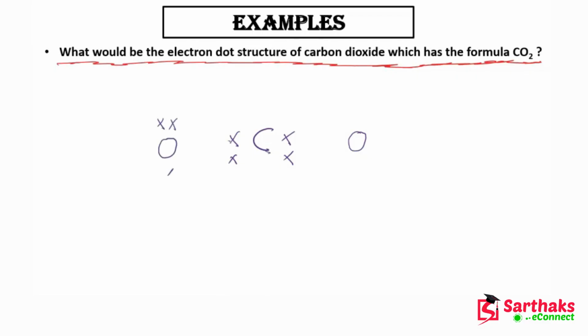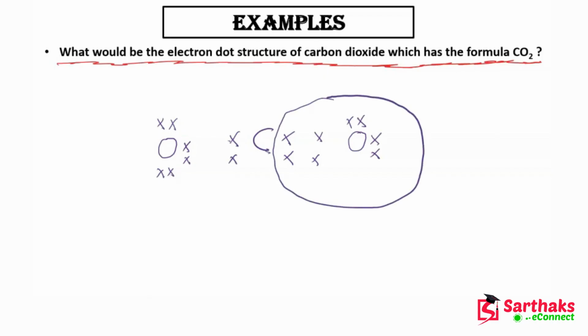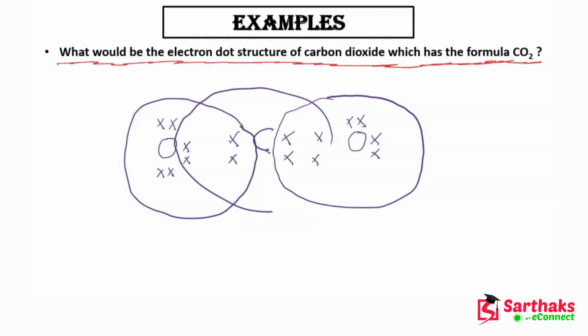So 1 2 3 4 5 6, because oxygen has 6 electrons in its valence shell. We have seen this on the very first slide. Now this oxygen also has 6 electrons like this. If this carbon shares these 2 electrons with this oxygen and these 2 electrons with this oxygen, now you can see that the octet of the carbon and the oxygen is completed.